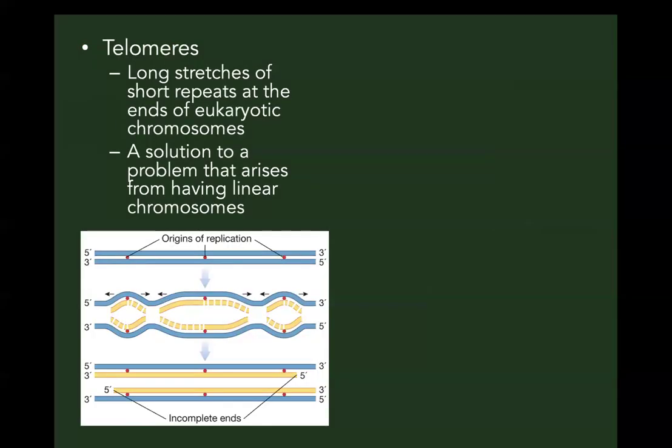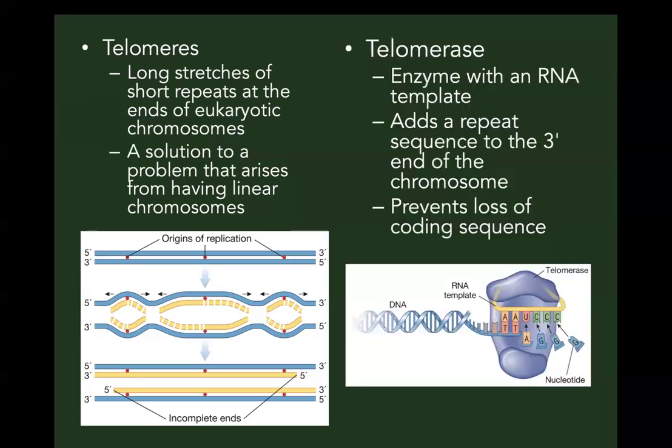So telomeres are those long stretches of short repeats that end some of the eukaryotic chromosomes. And by end, I mean they're literally at the end of the chromosome, on the little roundy tips. They may have arisen as a solution to a problem that happens when you have linear chromosomes instead of circular chromosomes, which is that when you're replicating and replicating, you end up with these little incomplete areas that may not be easy to copy.